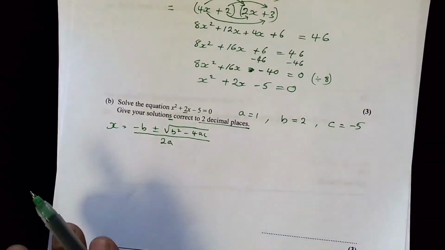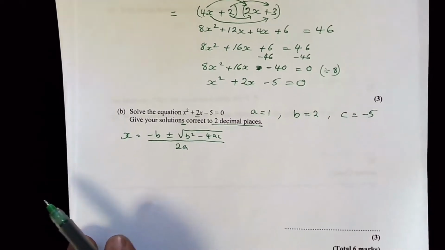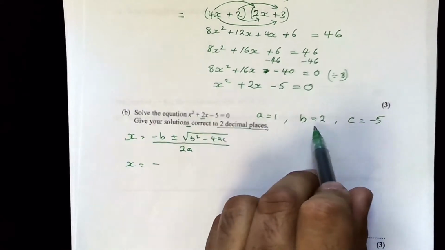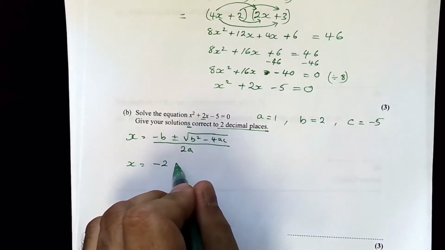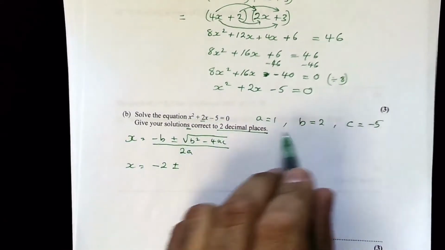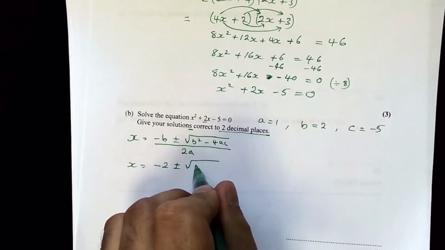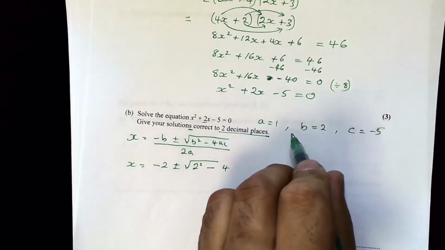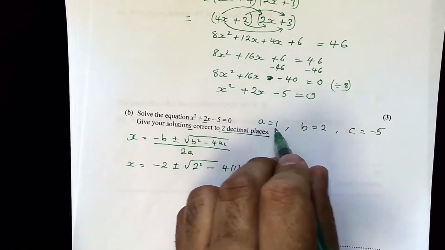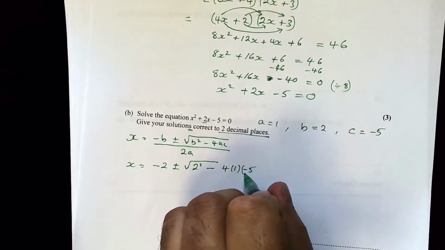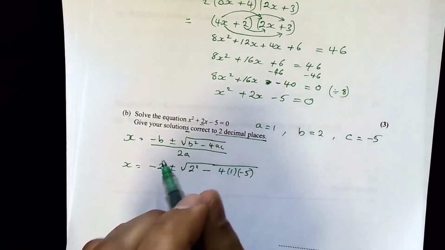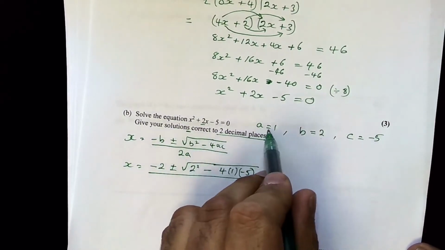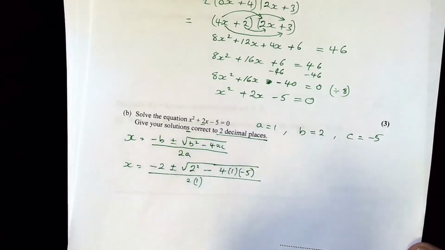So now I'm just going to substitute these into my equation. So that gives us x is equal to minus 2 plus or minus the square root of b squared, 2 squared, minus 4 times a, 4 times 1, times minus 5. Make sure that square root goes all the way to the edge, and then all divided by 2a, 2 times 1.